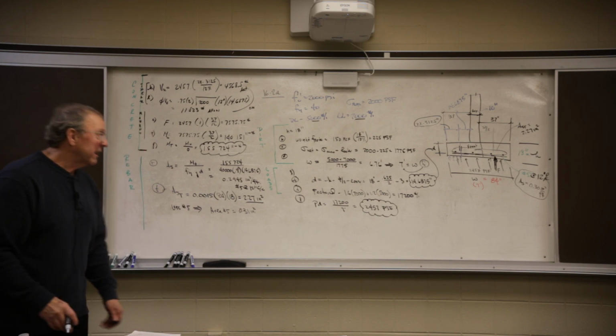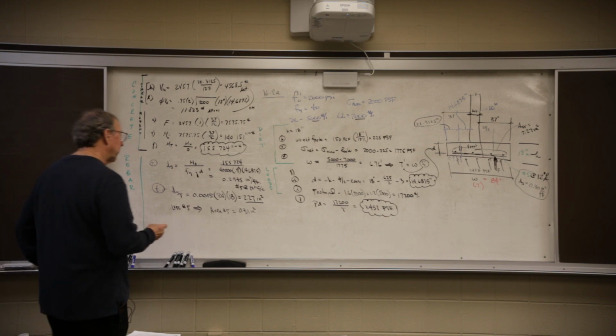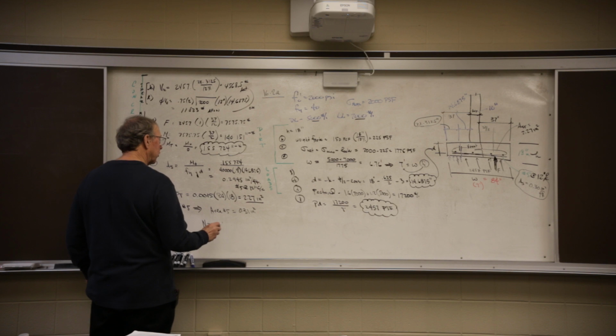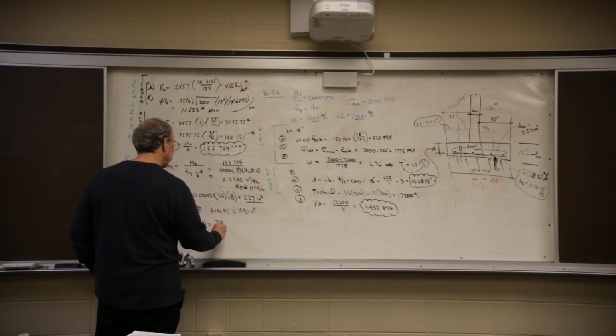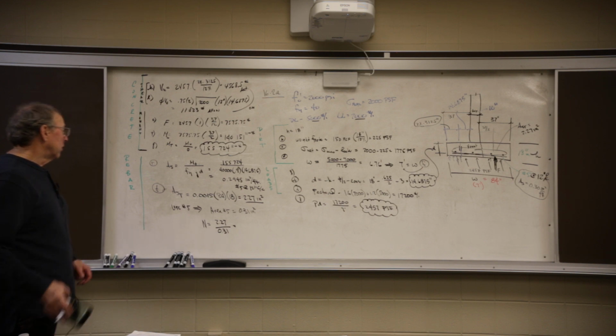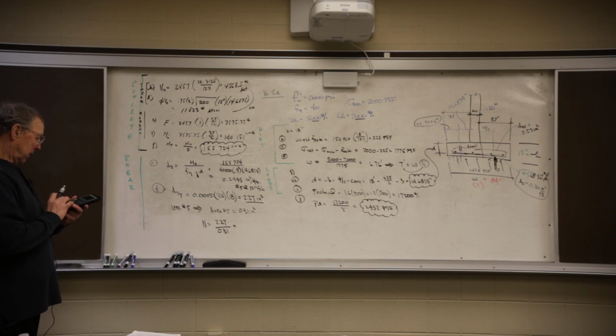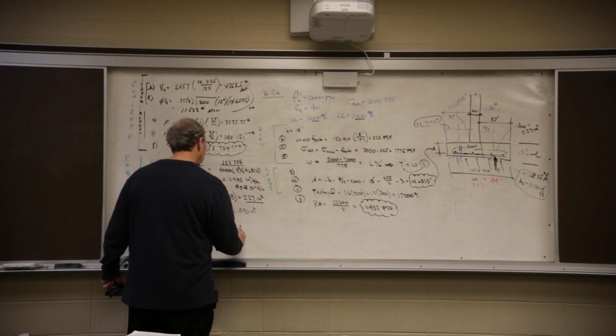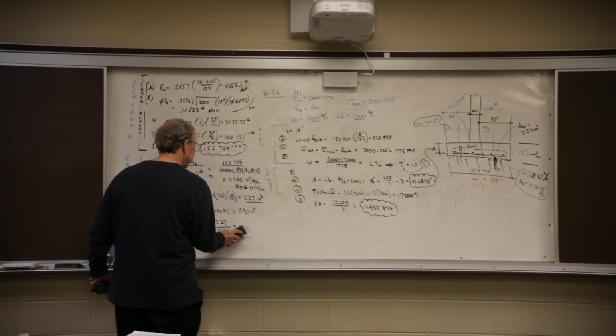If I put them in this configuration, the number of bars I need is going to be the total number of square inches of steel I calculated divided by the area of one bar. So if I take the 2.27, I divide it by 0.31, I get 7.32. 7.32 bars.